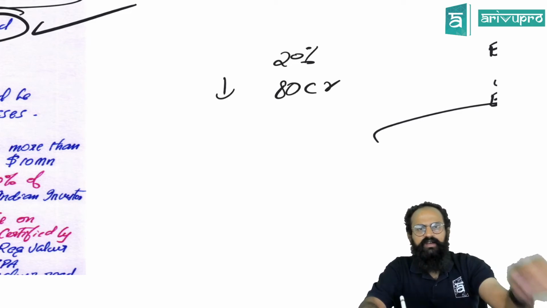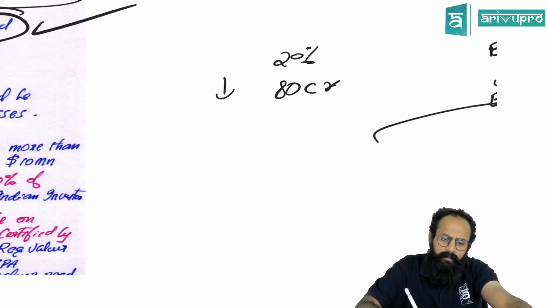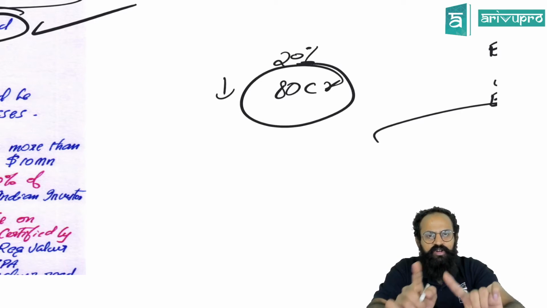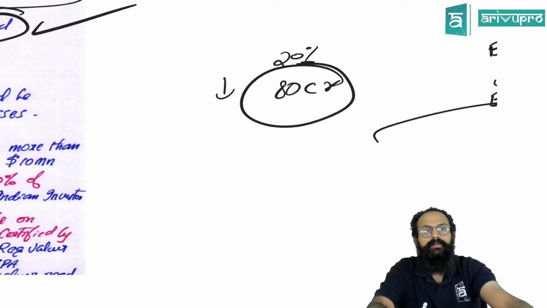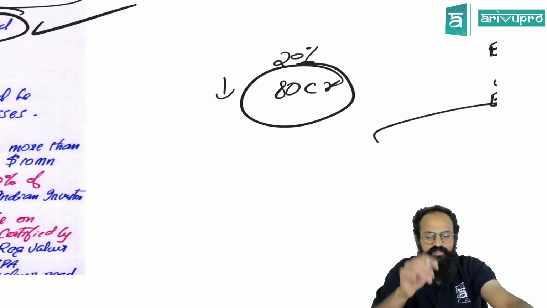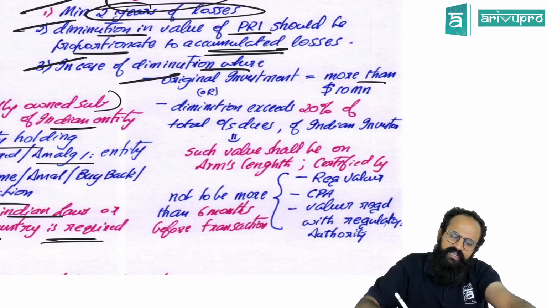Now you are reducing the capital of Tata. How much should you reduce? It should be proportionate to the reduction in losses. So whatever is the 20%, you cannot reduce my capital by 30%. That is not allowed. It should be proportionate to the reduction of your losses, 20%. Okay. In case of diminution where original investment is more than $10 million.